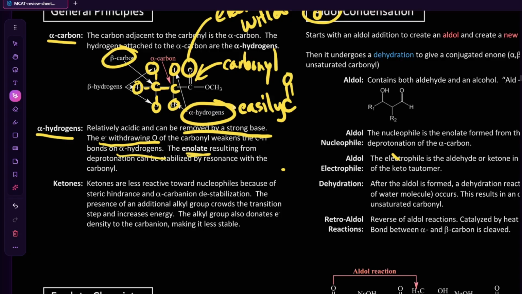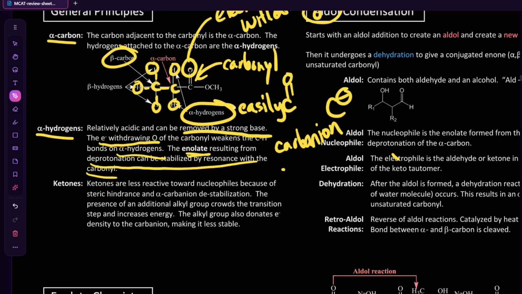The enolate resulting from the deprotonation can be stabilized by resonance with the carbonyl. So in other words, the strong base can remove the hydrogen, right? And once it's removed, you're left with a negative charge on that alpha carbon, on this carbon here. That negative charge is known as a carbanion. So it's C minus, carbanion.